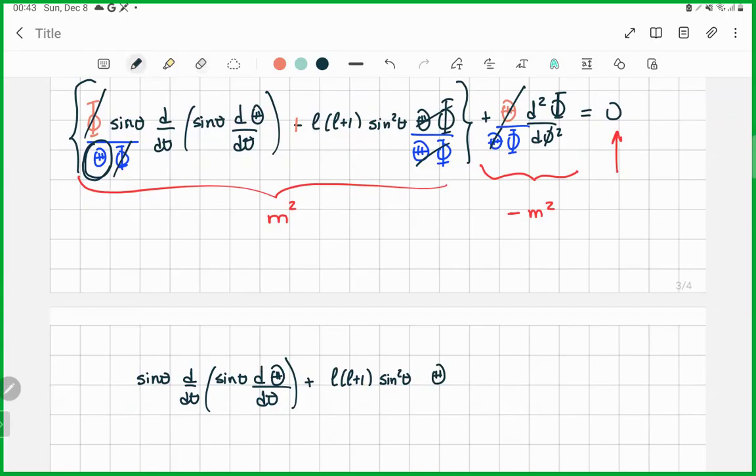And this is equal to m squared times the function of theta.